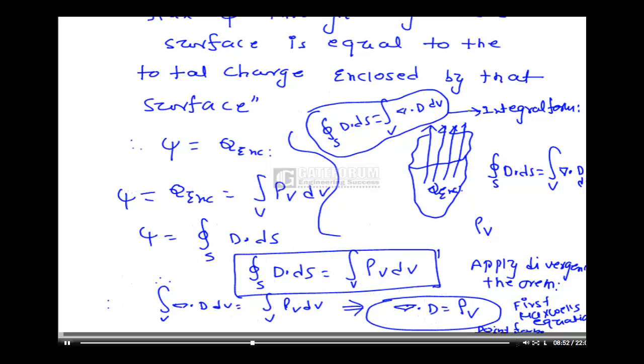This is the integral form. Suppose this is a volume V. Here it is a 10 nanocoulomb charge, and here a minus 5 nanocoulomb charge. Then what is the flux leaving?